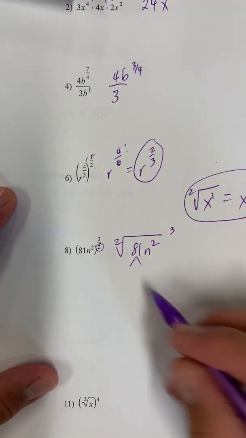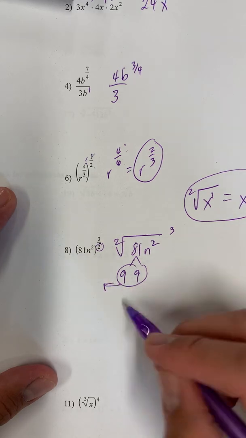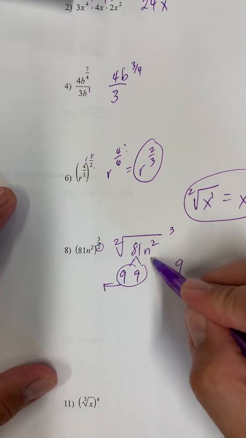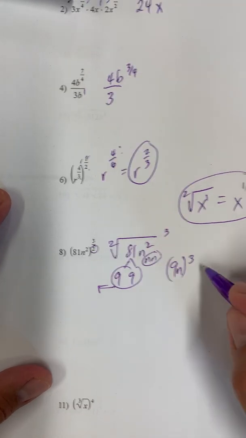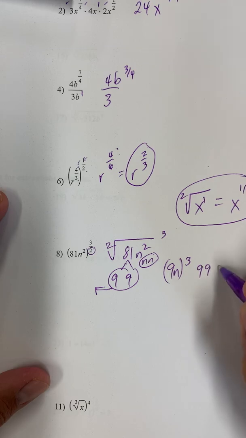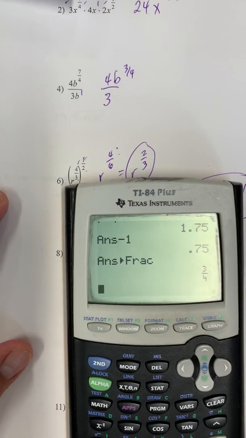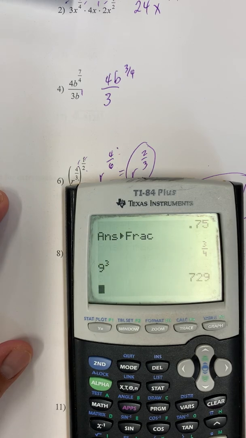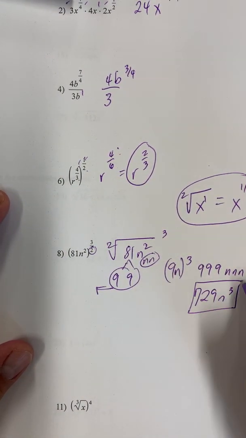We know how to break this down. A 9, 9. I have a pair of 9, so this will go outside, and have 2 n's there, so I have a pair of n's, so 9n to the 3rd power. What's 9 times 9 times 9? What's n times n times n? That will give me 9 to the 3rd power is 729 n to the 3rd.